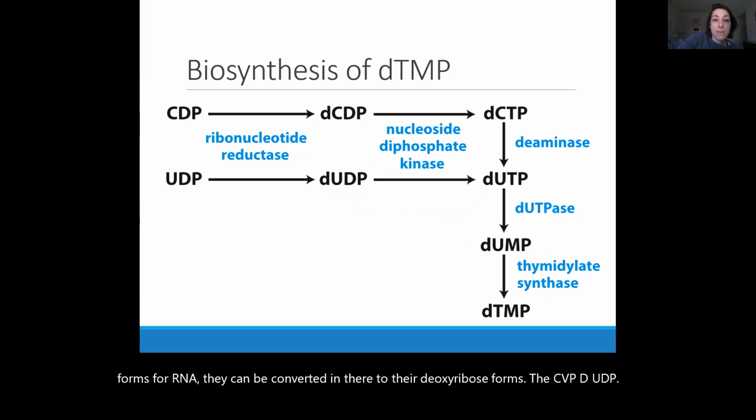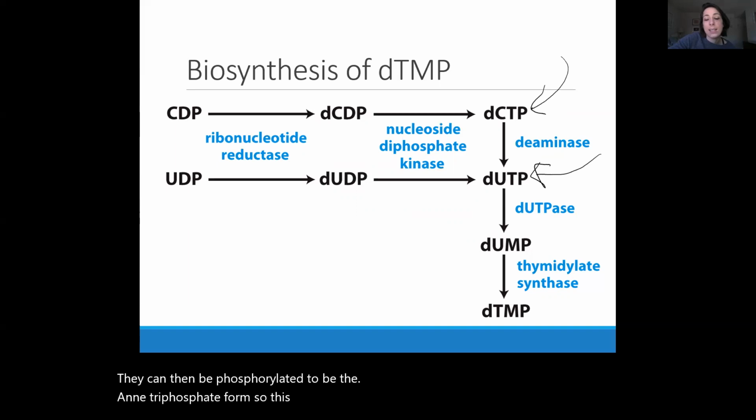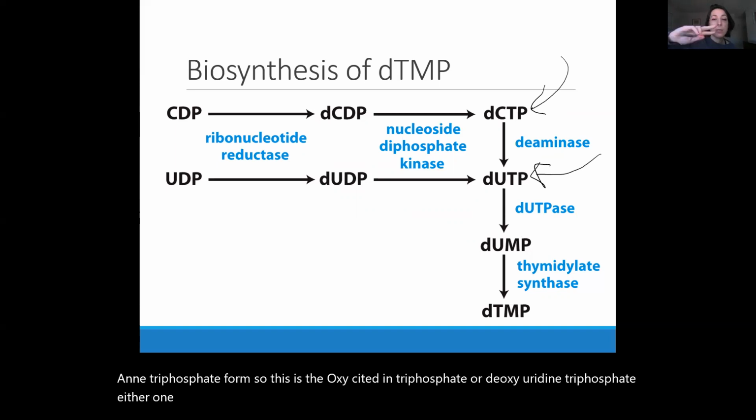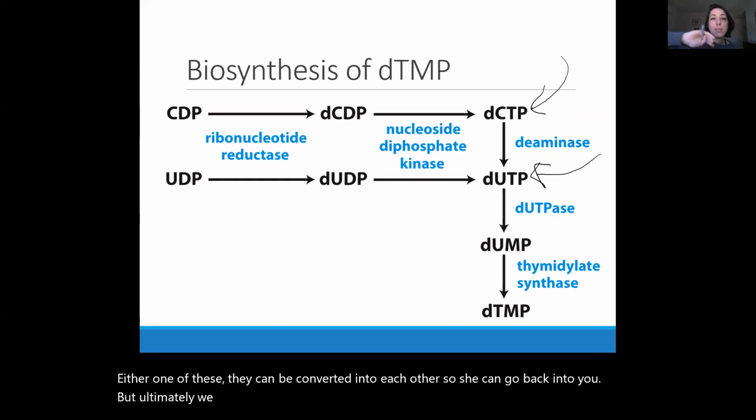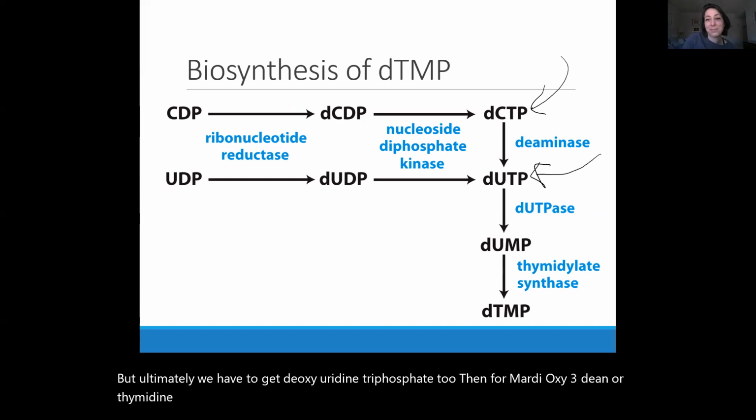They can then be phosphorylated to the triphosphate form. So this is deoxycytidine triphosphate or deoxyuridine triphosphate. Either one of these, they can be converted into each other. So C can go back into U. But ultimately, we have to get deoxyuridine triphosphate to then form our deoxyuridine or thymidine monophosphate.